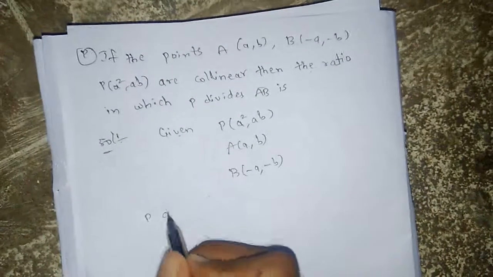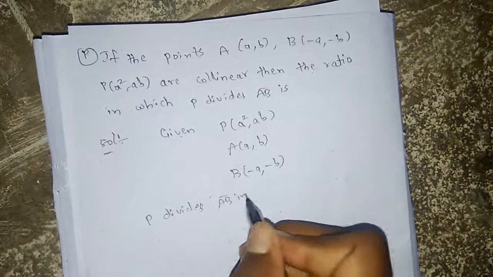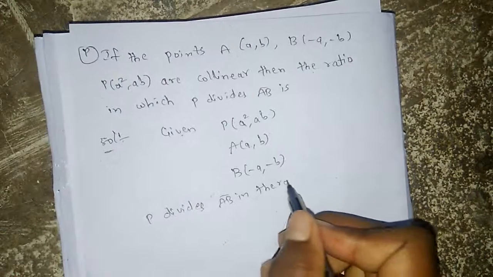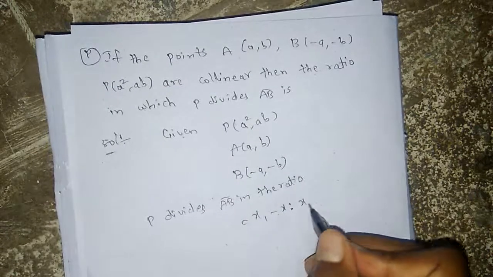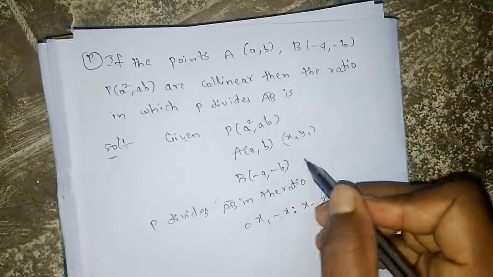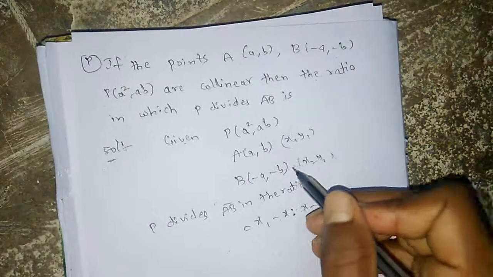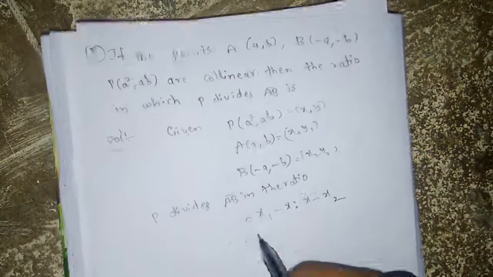So here P divides AB in the ratio, formula is x1 minus x is to x minus x2. So here this is x1 y1, this is x2 y2, and P is (x, y). Now substitute.